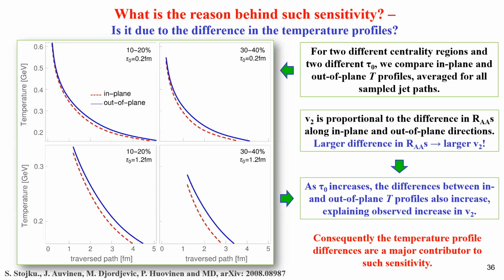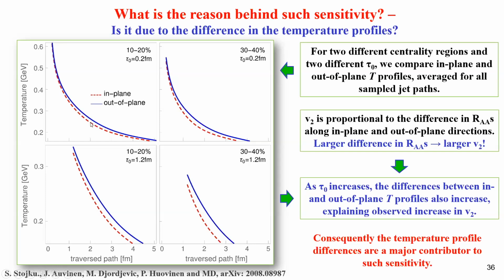I would interpret it this way. If you introduce later thermalization times for hydro, then this hydro will generate different temperature profiles, and the temperature profile generated with 0.2 fermis and 1.2 fermis is going to be different. With 0.2 fermis, the high pT particles will see that the in-plane and out-of-plane temperature profiles are almost the same.